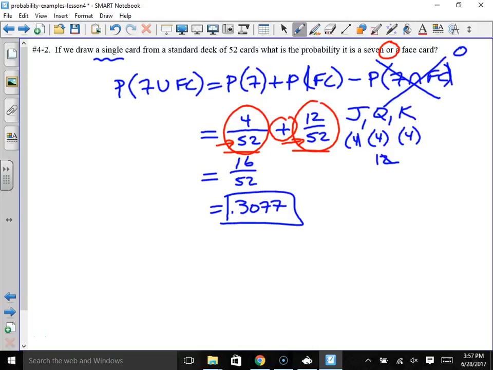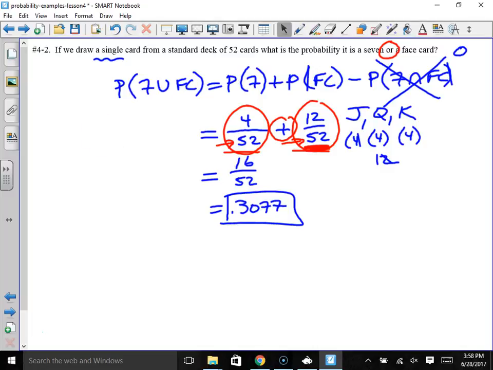In other words, if we get a 7, then the condition is satisfied. If we get a face card, then the event is satisfied. So that's why this is not a 51. It's back to having the original 52 card deck. So if you're wondering why we're not reducing that number, it's because with OR, each individual case starts from the original problem with this original deck.